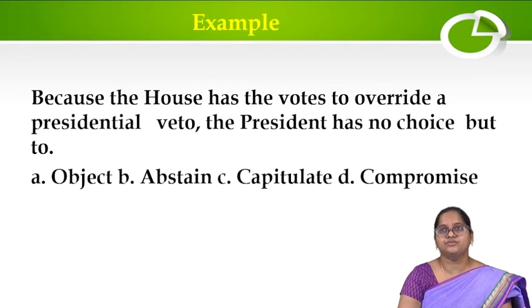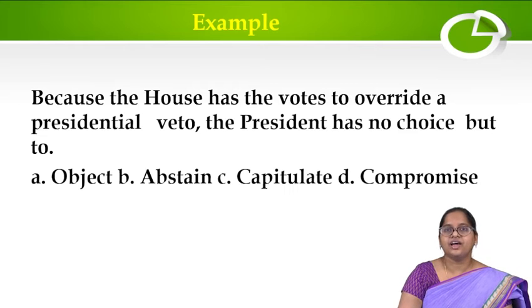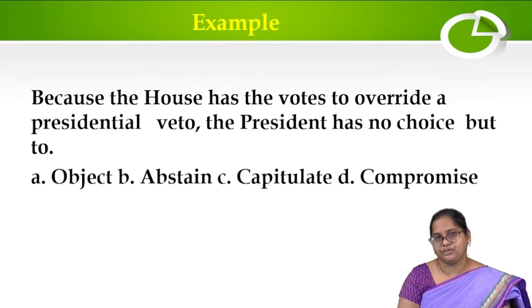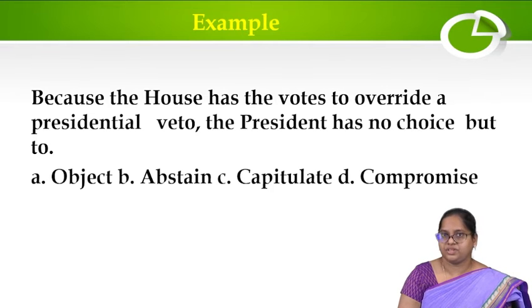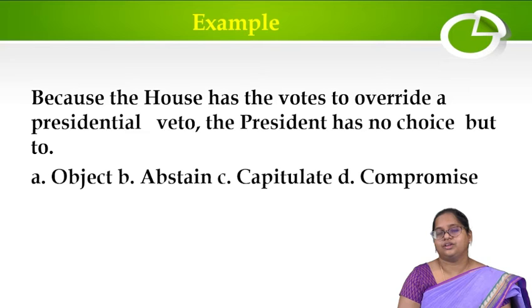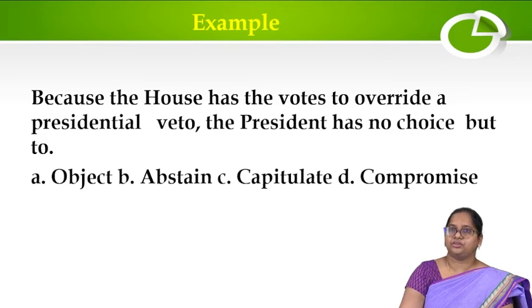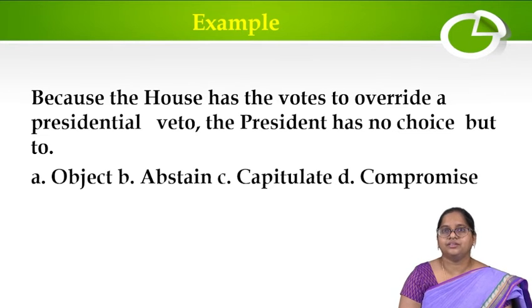Because the House has the votes to override a presidential veto, the president has no choice but to dash. You have to fill in the gap with the appropriate word. Because the House has the votes to override, it is talking about the power of that president, who is left with no other option but to do what?